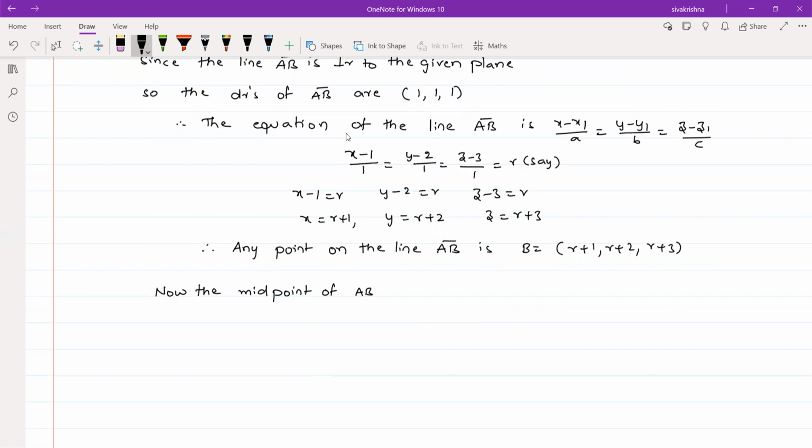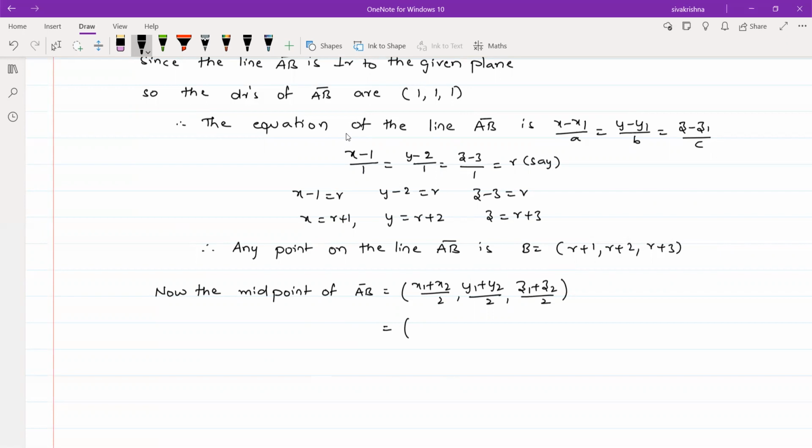The midpoint of the line AB is (x1 plus x2) by 2, (y1 plus y2) by 2, (z1 plus z2) by 2. Whenever we have 2 points, we can find the midpoint. Here x1, y1, z1 is 1, 1, 1, and x2, y2, z2 is r plus 1, r plus 2, r plus 3.